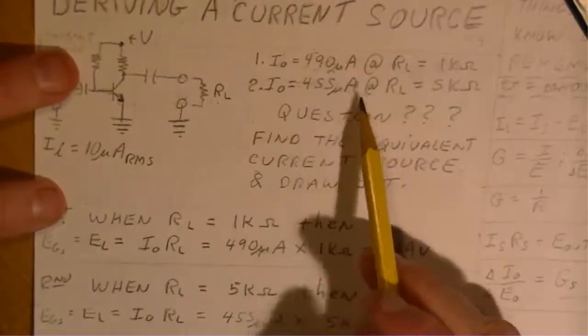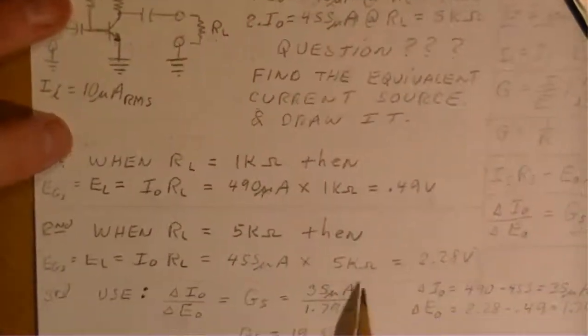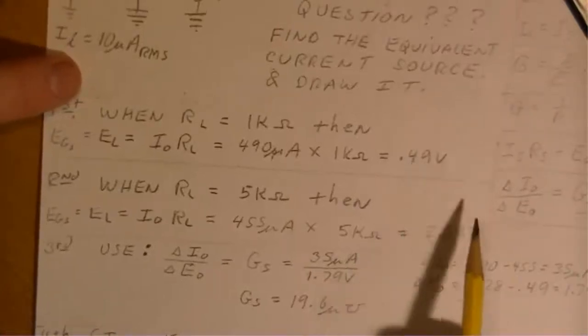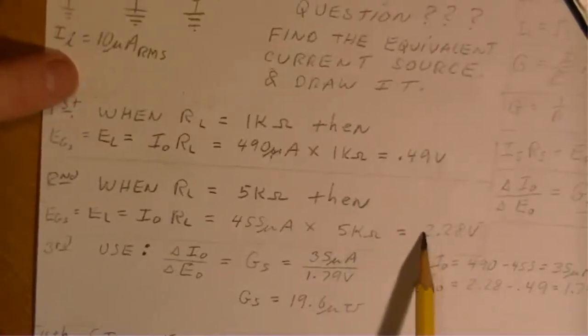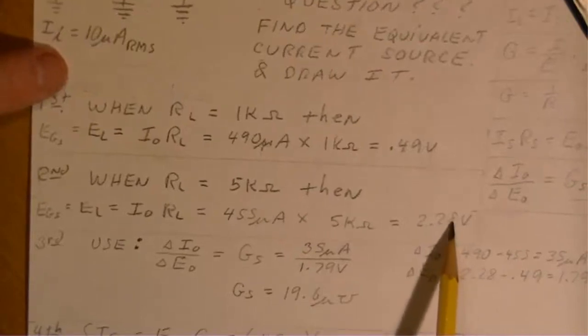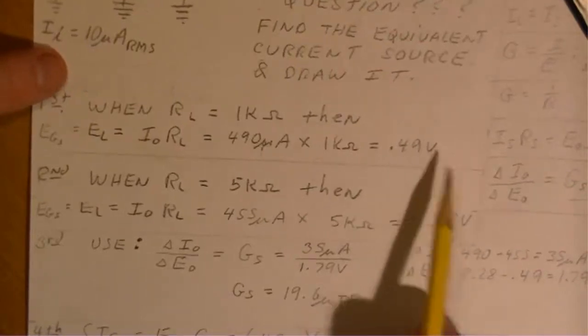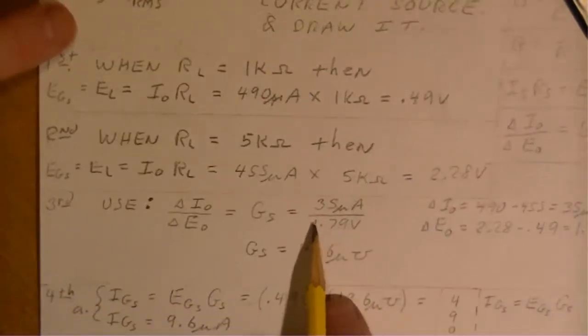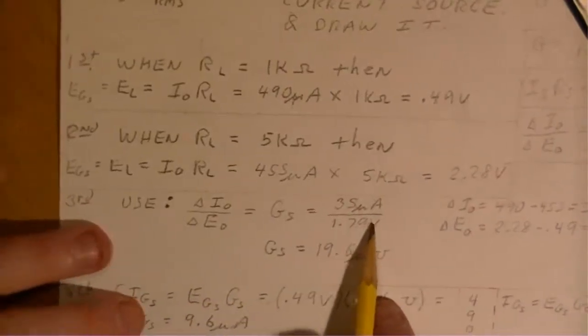And the same thing with the voltage: 2.28 volts minus 0.49 volts gives a differential of 1.79 volts.